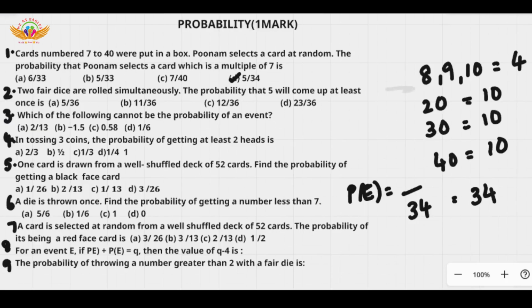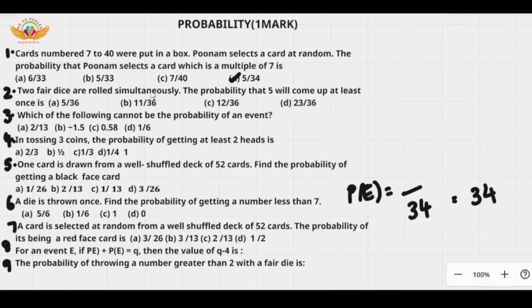Alright, yes, let us write here immediately. 7 ones are 7, 7 twos are 14, 7 threes are 21, 7 fours are 28, 7 fives are 35 and 7 sixes are 42, and this is greater than 40. So we are not including this 42. So total how many numbers are there less than 40 which is a multiple of 7? 1, 2, 3, 4, 5. So 5 by 34. See, we got the exact answer 5 by 34. Alright. So just by seeing the denominator also we can directly go with the option D.